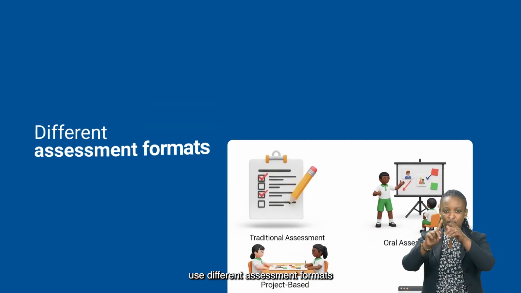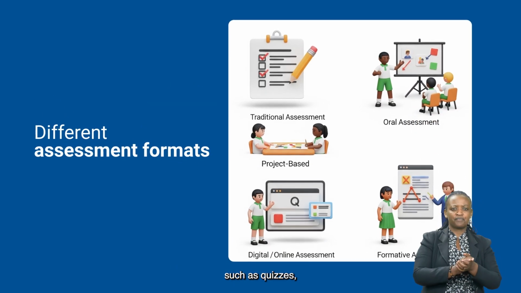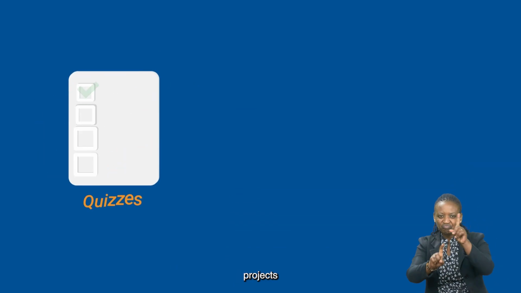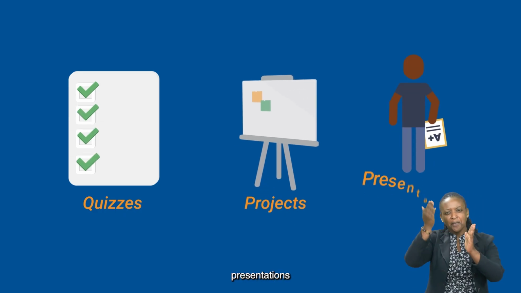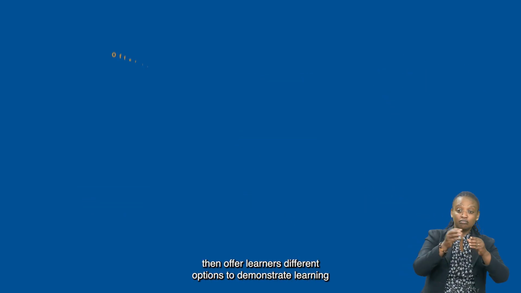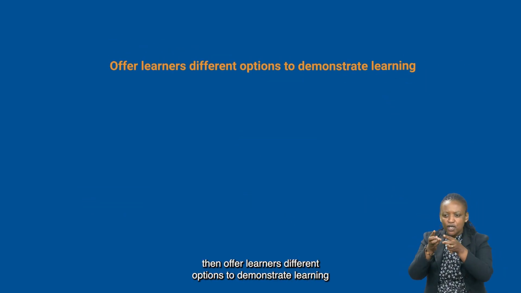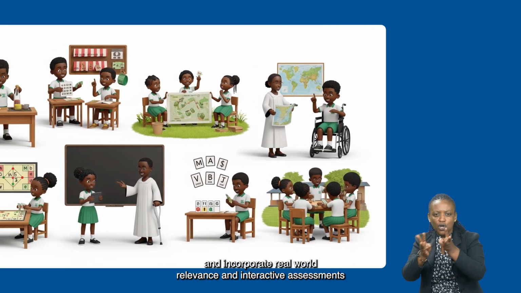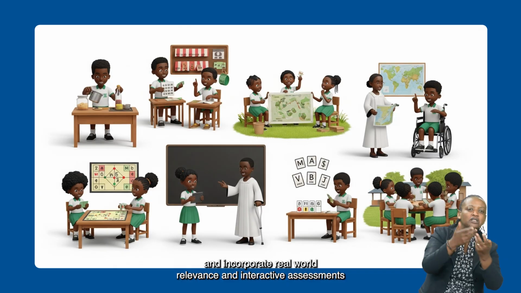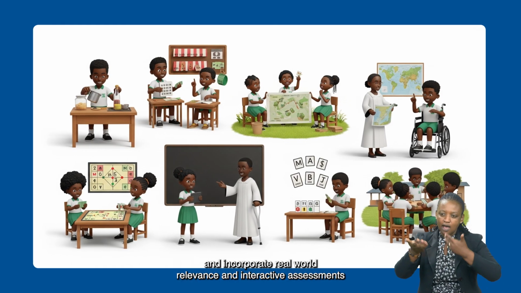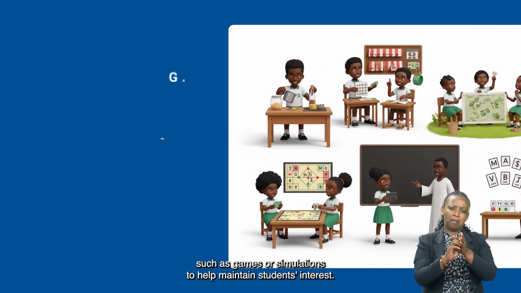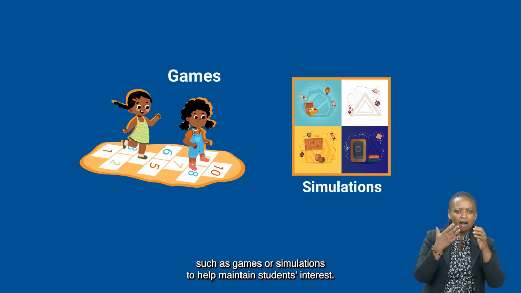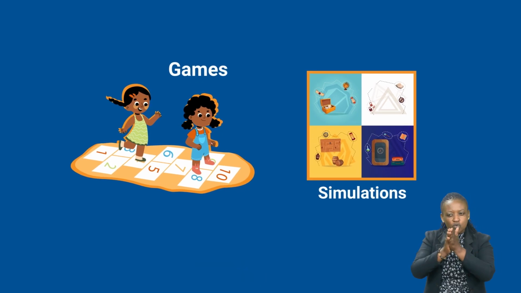Use different assessment formats such as quizzes, projects, presentations. Then offer learners different options to demonstrate learning and incorporate real-world relevance and interactive assessments such as games or simulations to help maintain students' interest.